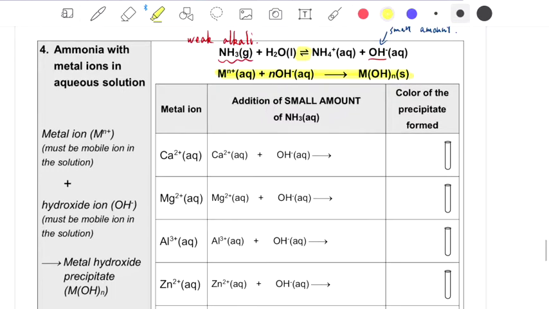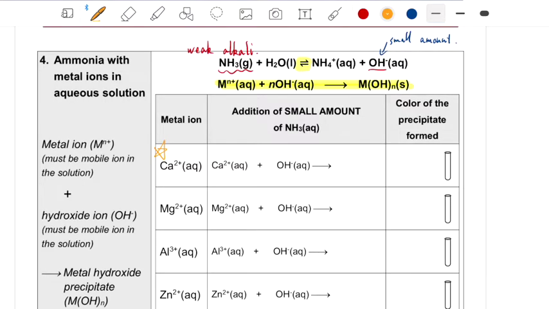But unlike the one mentioned in type 3, the third reaction, calcium is a special case and you need to draw it down. Okay, so put a star here. Since there is only a small amount of hydroxide ion, only very small amounts.